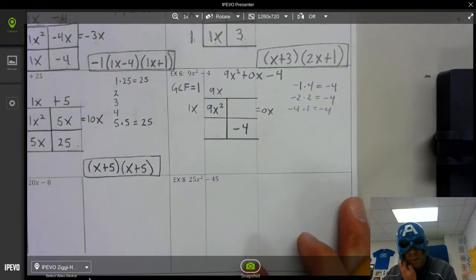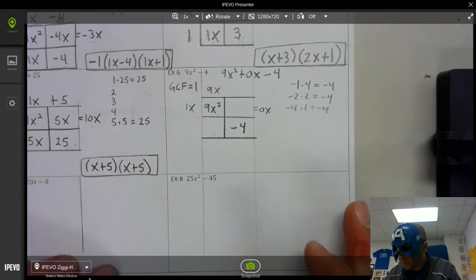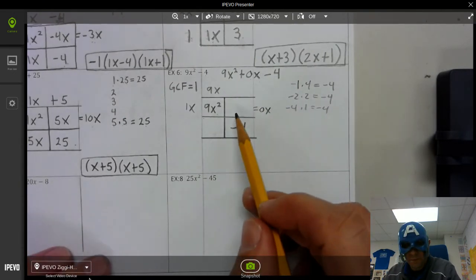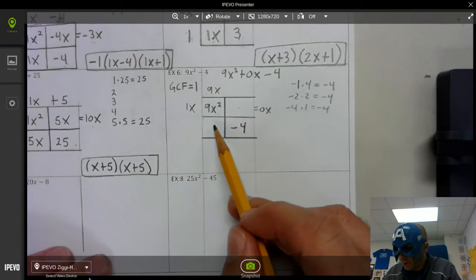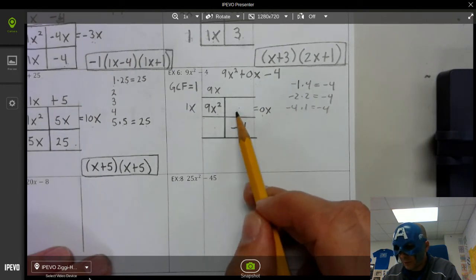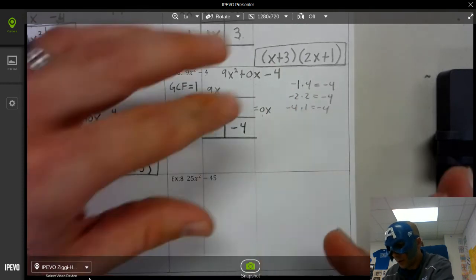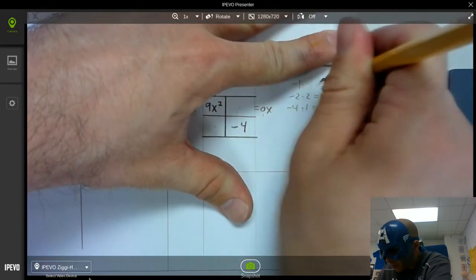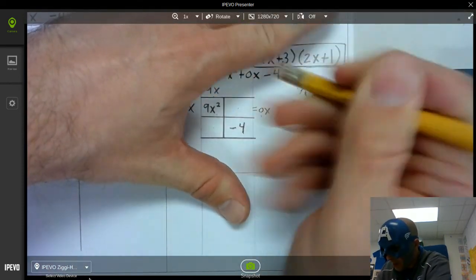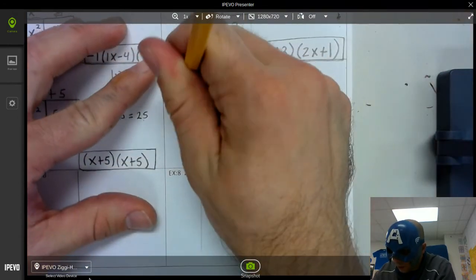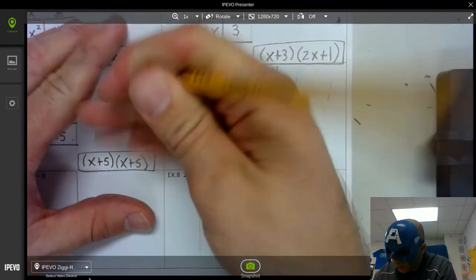And this is all great, but here's the problem. If these are going to become 0x, they're probably going to be the same term. So 1x and 9x probably isn't going to be a good idea, and this isn't going to be a good idea. So let's try 3x and 3x.